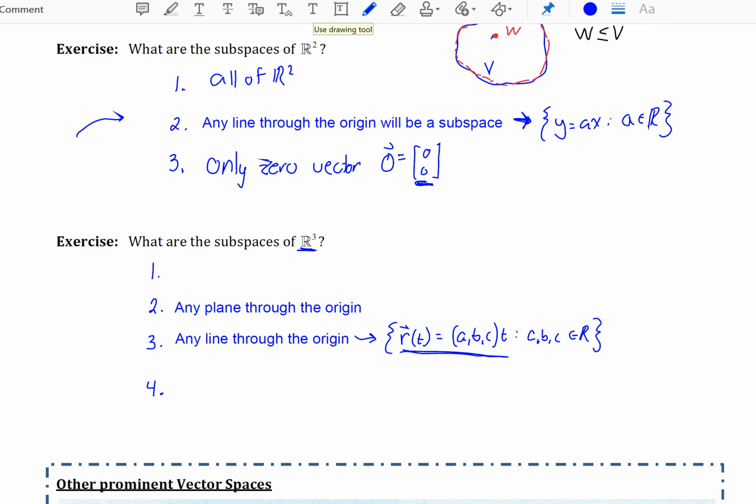Now, of course, if we're talking about planes through the origin and just recalling what you know from Calc 3, then here we're talking about the set of things that look like ax + by + cz = 0, such that a, b, and c are elements of the real numbers. This is what a plane through the origin would look like, and this is something that you should recall if you've taken Calc 3.